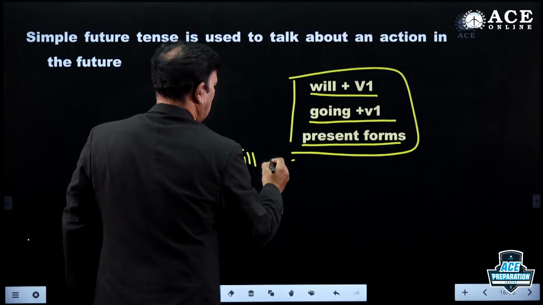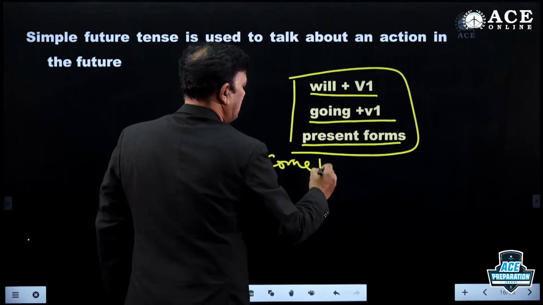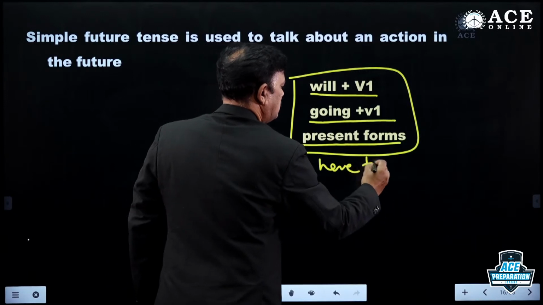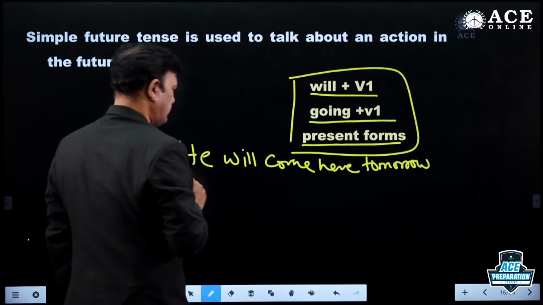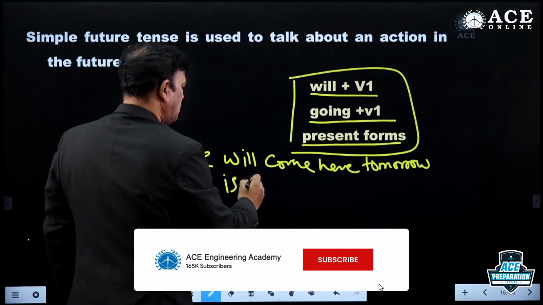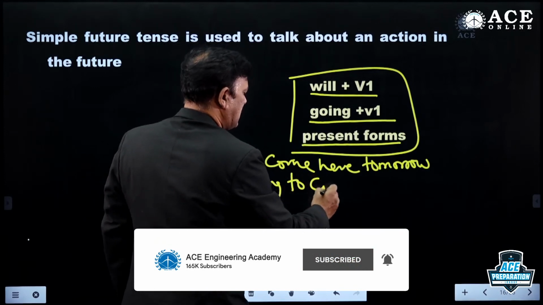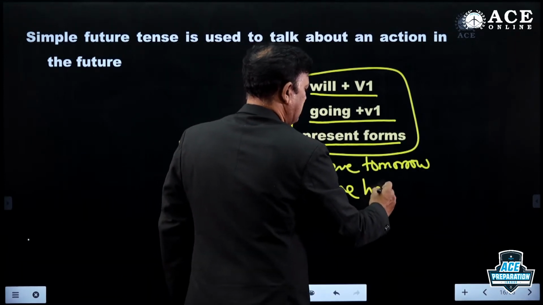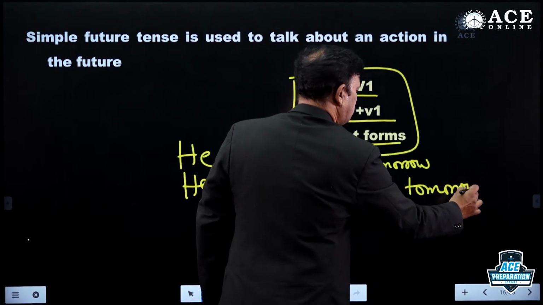Sentence 1: He will come here tomorrow. Sentence 2: He is going to come here tomorrow.